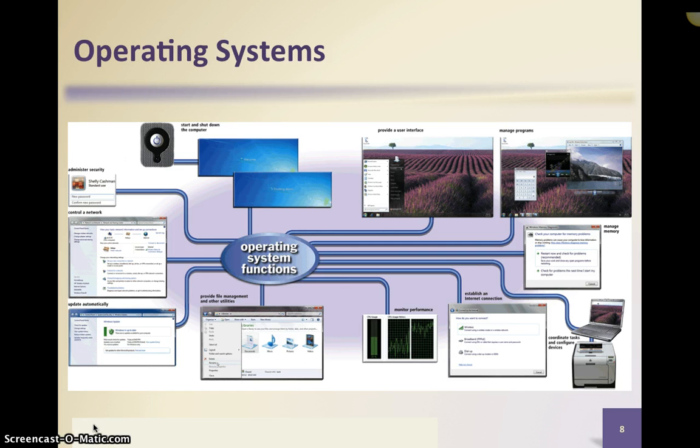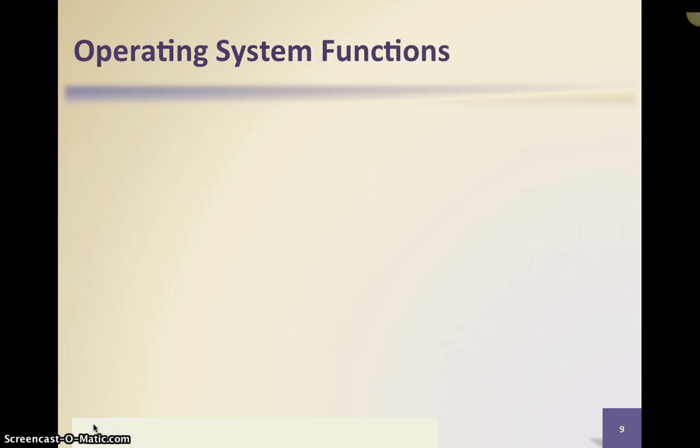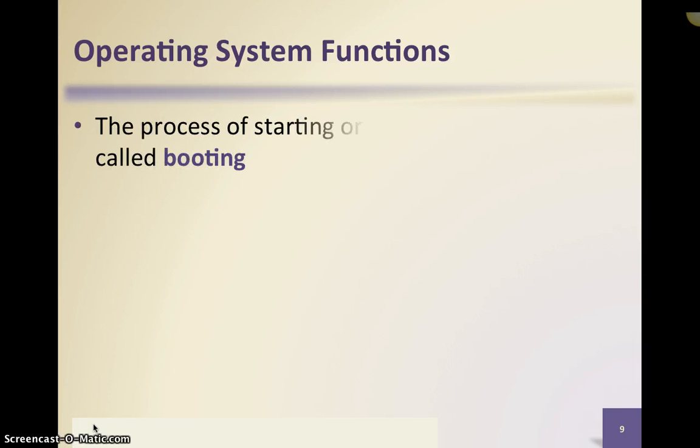So all of that interaction on the network is controlled by the operating system. And finally, it administers security. In other words, it controls or maintains your username and password and other information that is used to keep your system secure.